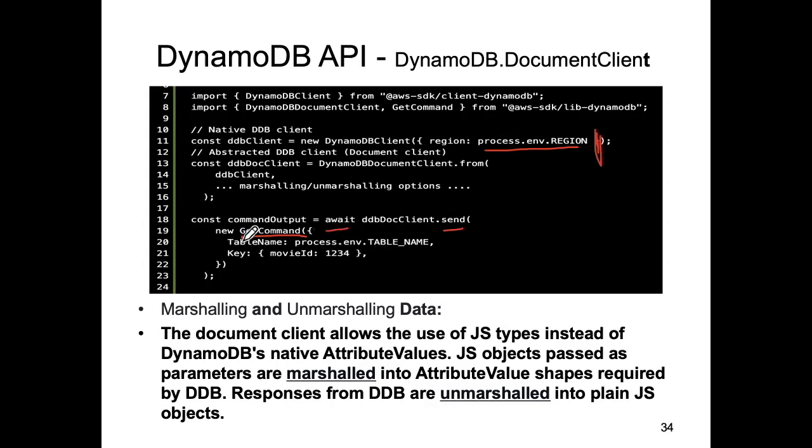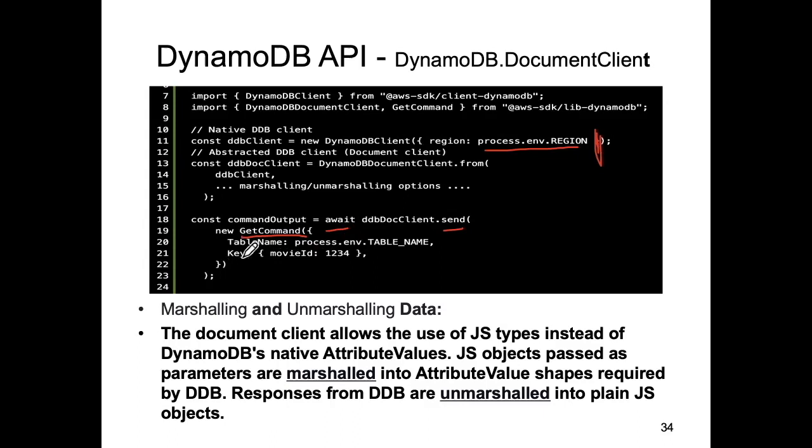And it's a single item request, so I have to give it the full primary key of my table. And we saw, it's our movies example again, from a slide or two back, that our movies table's primary key was a single value, which was a partition key. It didn't have a sort key.